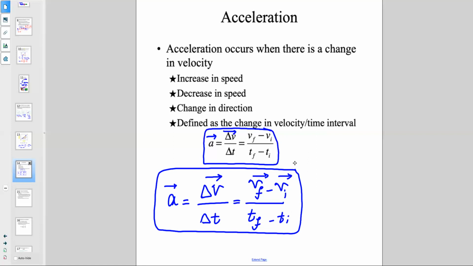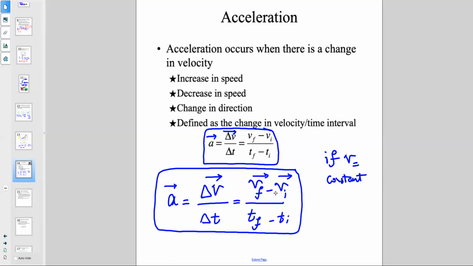Now, if you have a constant speed, if the problem is telling you that the velocity is constant, that means it does not change at all. That means v final is exactly v initial.